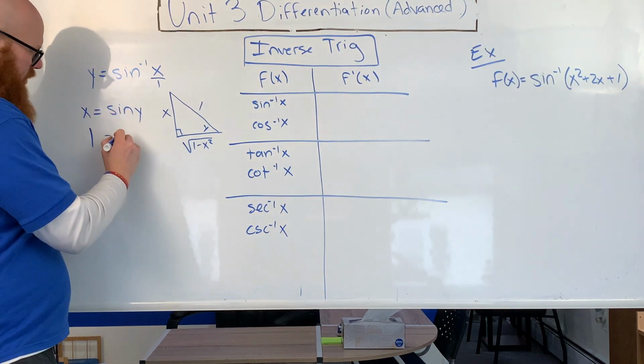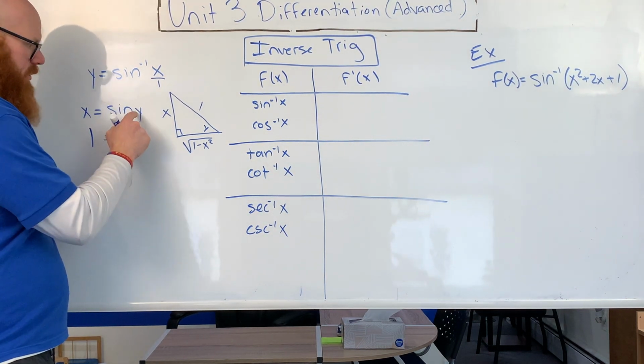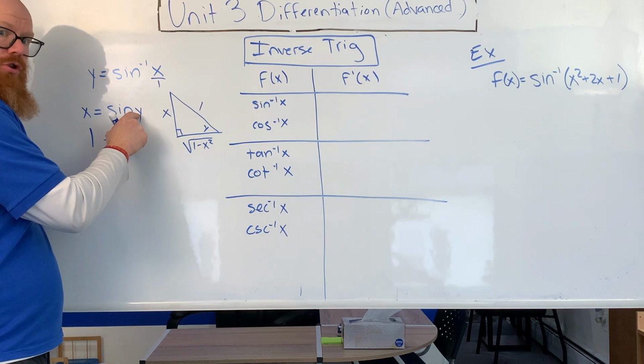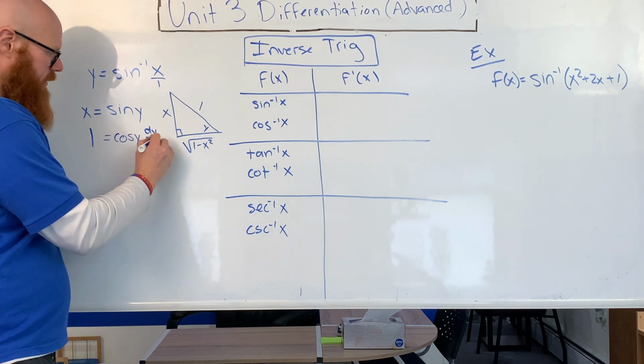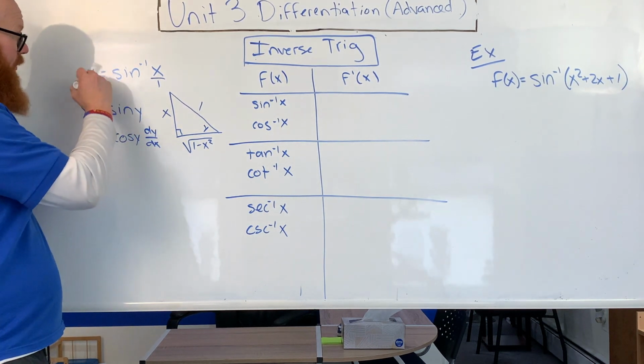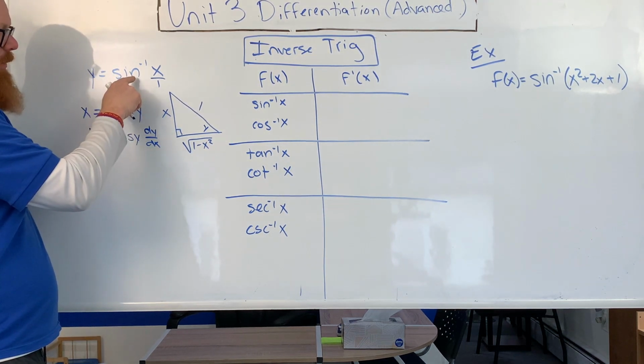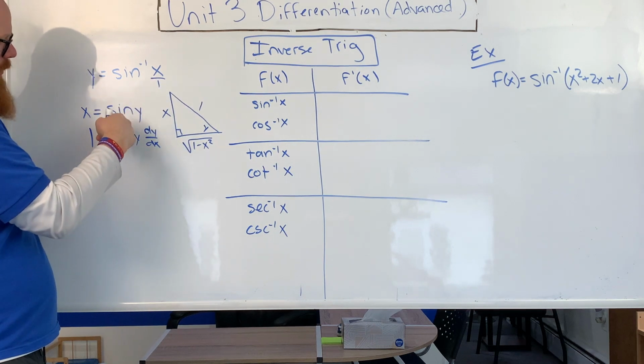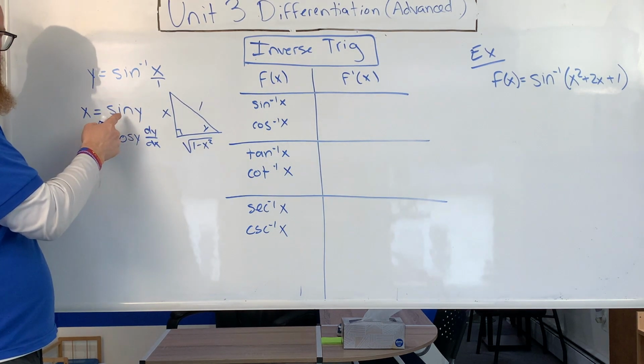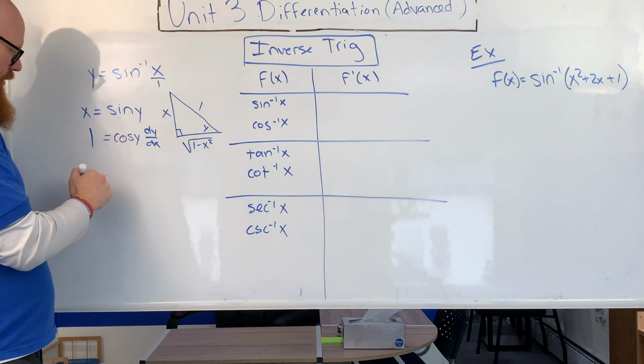Derivative of sine is cosine, times the derivative of the inside function, the derivative of y, is dy dx. And notice dy dx is the derivative of this. Now we could have solved it explicitly, but we didn't know the formula yet. So to get the formula, we have to write it implicitly and then take the derivative.